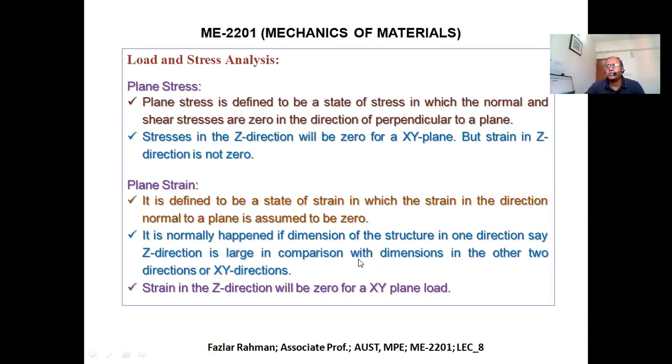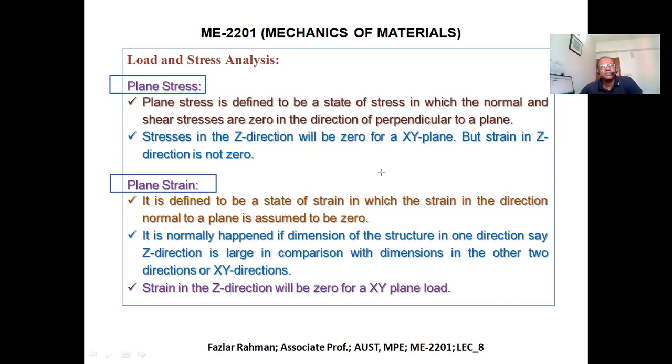We need to know two definitions. Number one is called plane stress, the other one is called plane strain. You need to remember that from this chapter, there will be one full question.